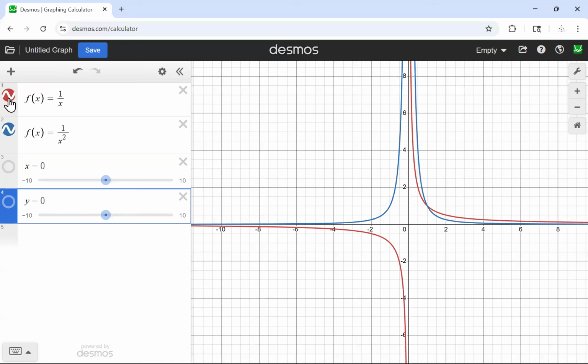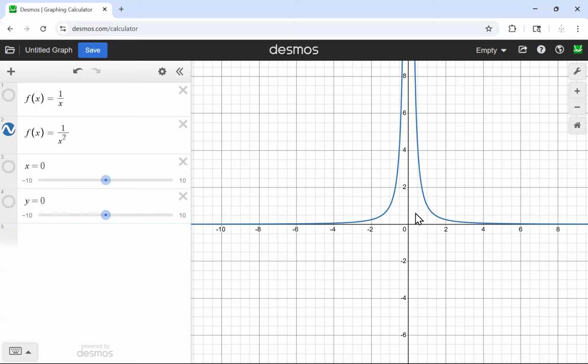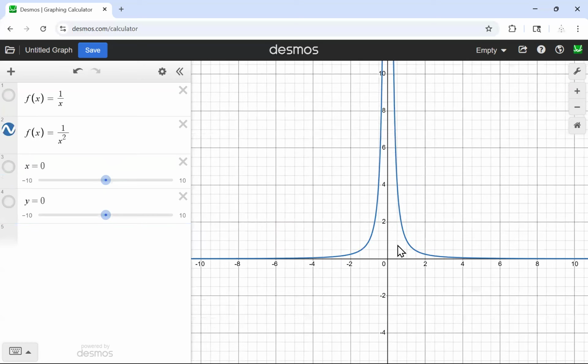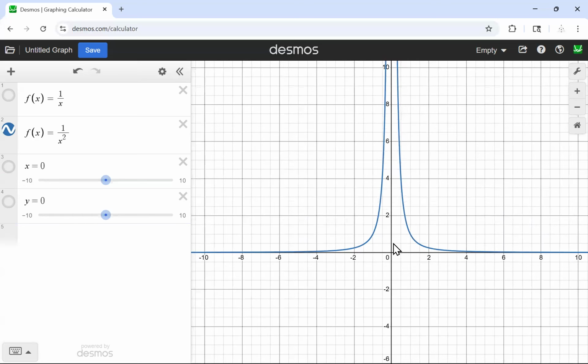Now let's look at 1 over x squared. The graph of f of x equals 1 over x squared is both similar and different. As x grows towards infinity and as x grows towards negative infinity, the y value gets closer to 0. So once again, we have a horizontal asymptote of y equals 0.